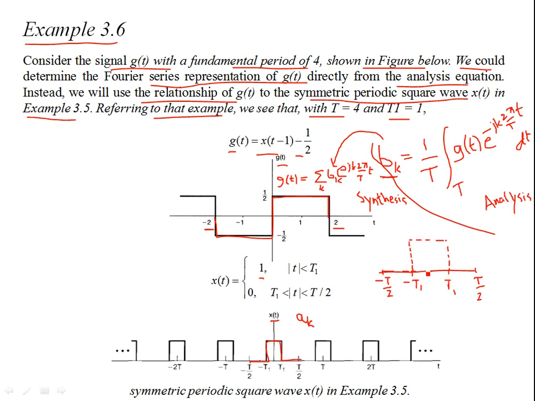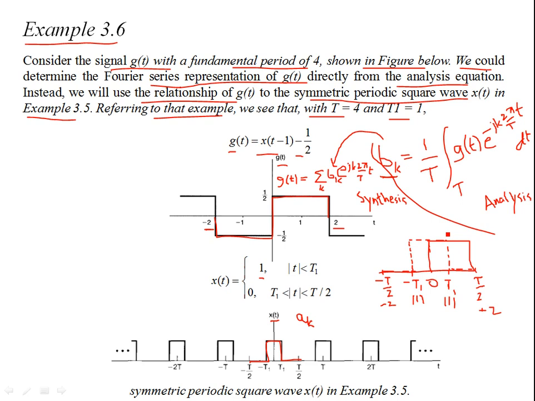If you shift this by 1, where T1 is 1, and capital T is 4, so this is -2 and this is +2. So x(t-1) will be shifted towards the right by 1 second.